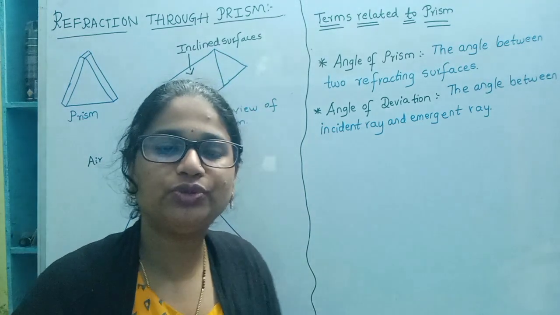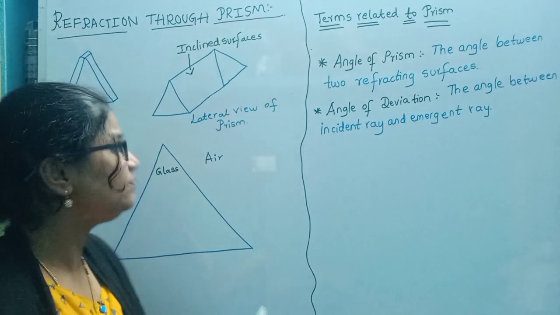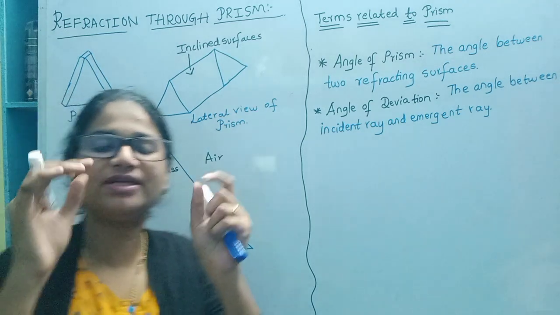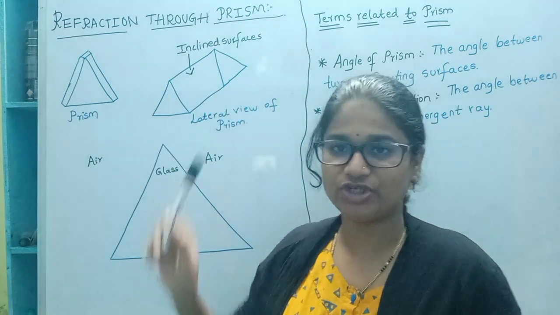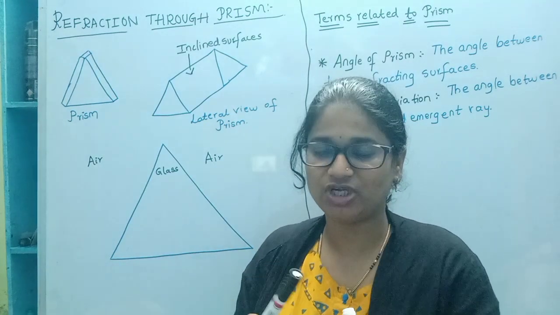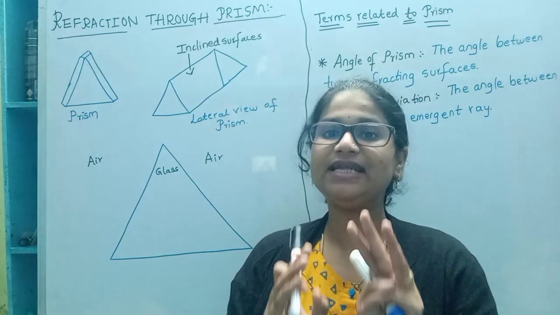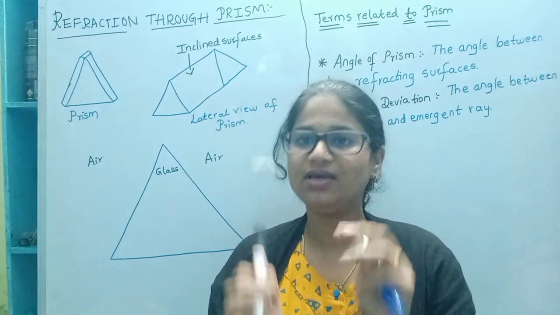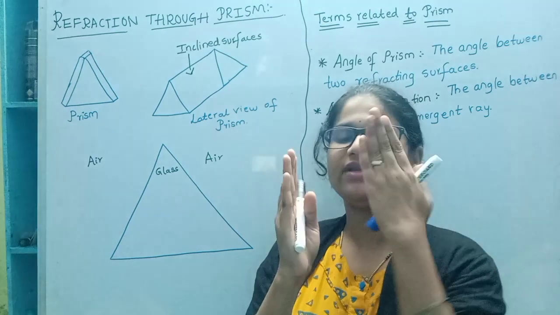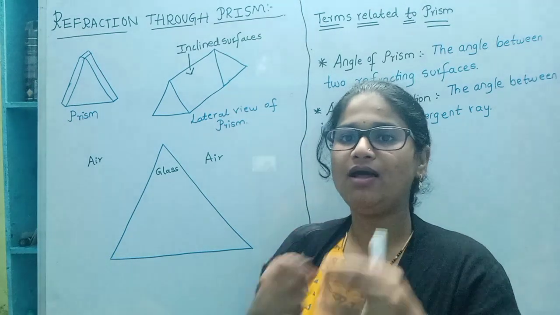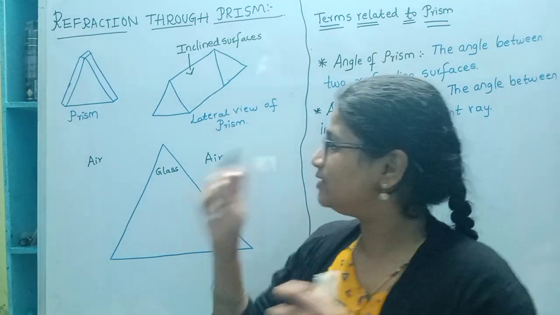So when we come to the prism, a prism is made up of glass material and is triangular in shape, 3D triangular in shape. 3D means it is three-dimensional equipment, and it has two triangular surfaces, one at the front and one behind it. And there are rectangular surfaces, two at the sides and one at the base, so totally three rectangular surfaces.